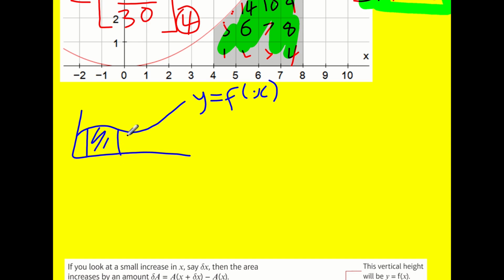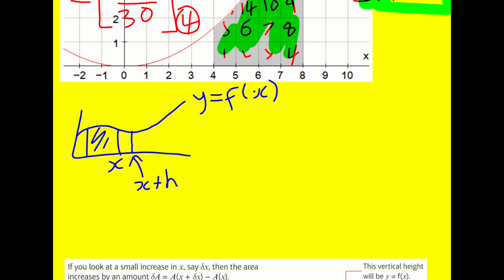What I'm going to do is split it off, and I'm going to say that this is x, and then this is just a very small part of the area that I'm interested in finding, and this point here is x plus h. Okay, we've used this before when we've done differentiation.